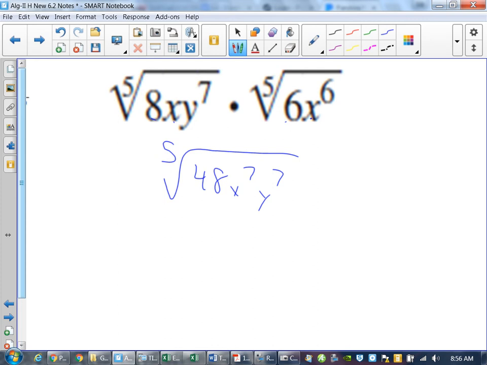No. So there is no perfect 5th root that I can take out of that, but does 5 go into 7? So what can I take out via an x and a y? If I take out one x and one y, what am I left with on the inside? Good. And that would be my answer.